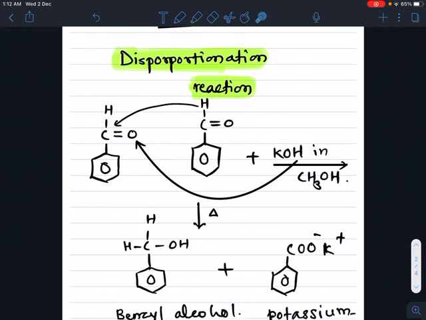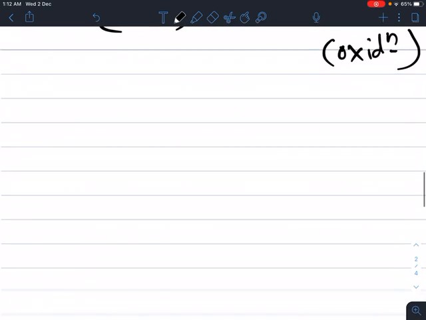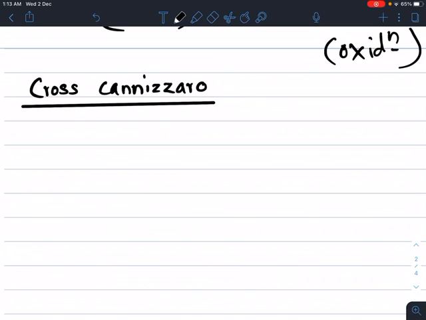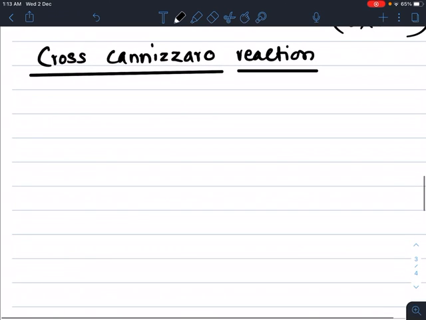Okay, now the cross Cannizzaro reaction also takes place. Cross Cannizzaro reaction means the Cannizzaro reaction takes place between different aldehydes, both containing no alpha hydrogen.